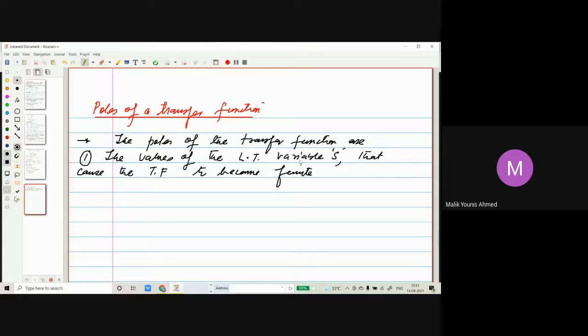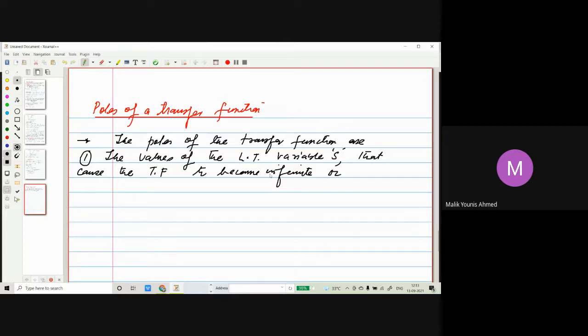Whenever we change any polynomial into the Laplace transform, the value of s that makes the transfer function infinite is a pole.